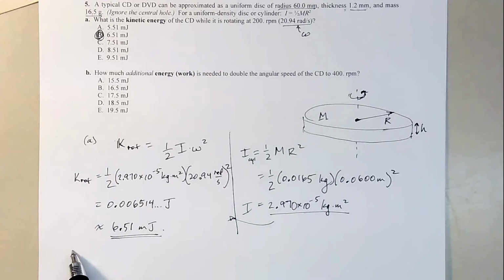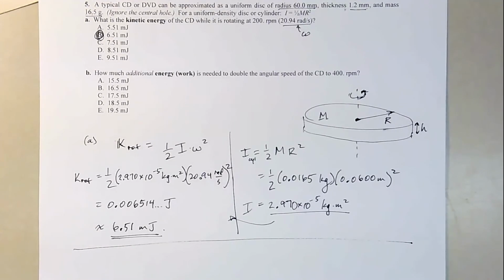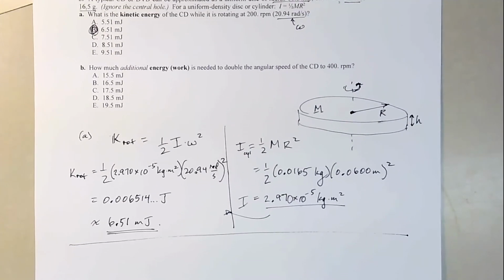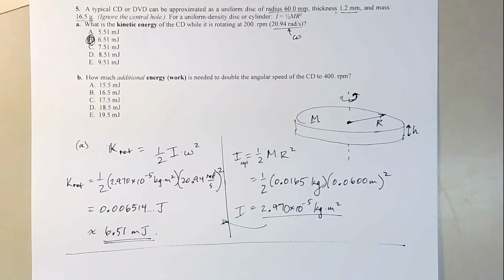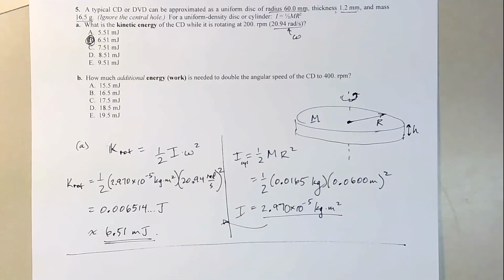Now, for part B, I ask, how much additional energy would be needed to double the angular speed of the CD? A DVD or CD player does change the spin rate of the disc as the little read head or laser moves from close to the rotational axis to further out.